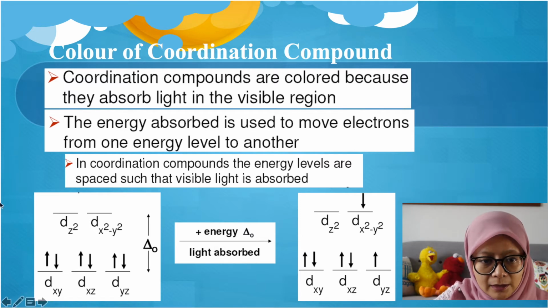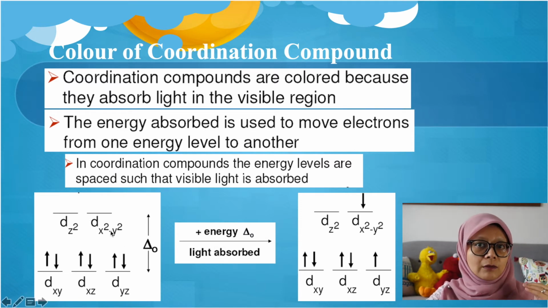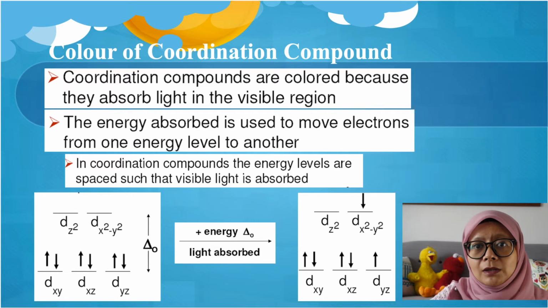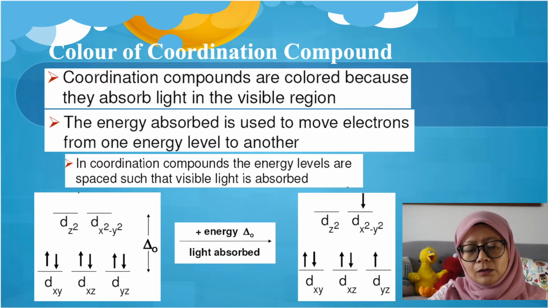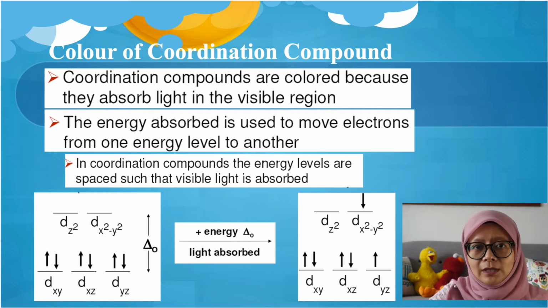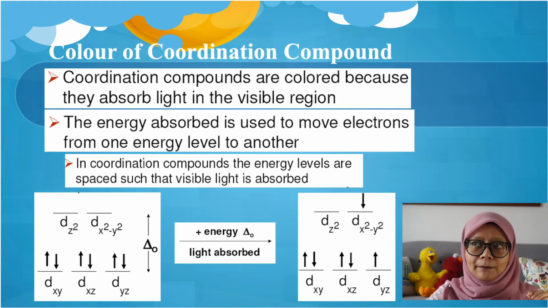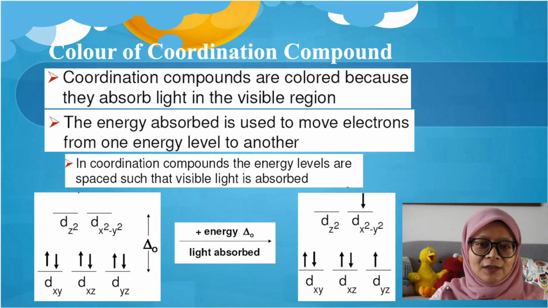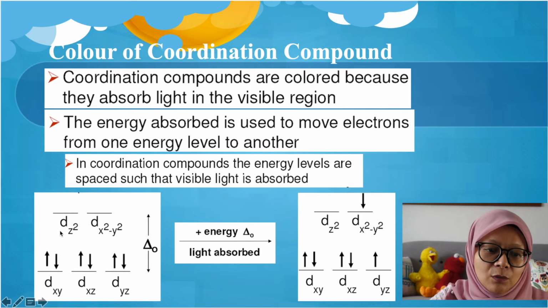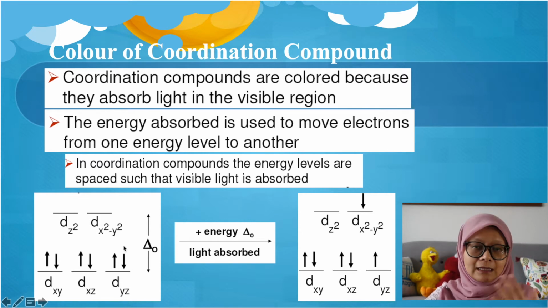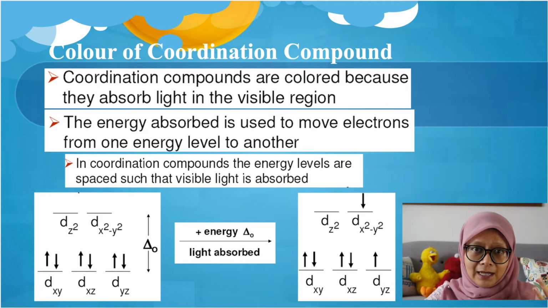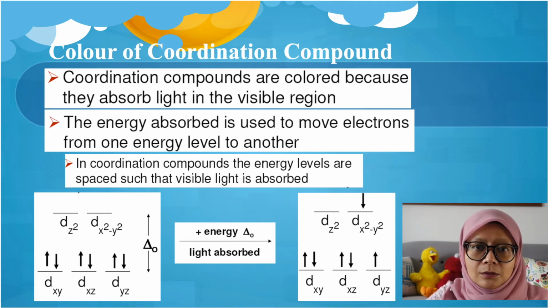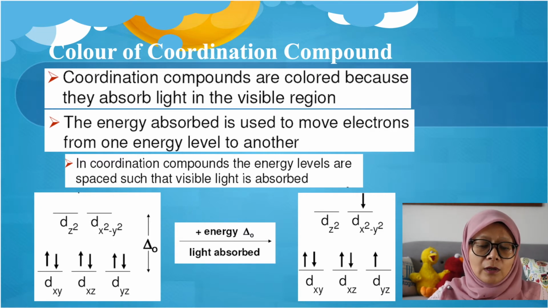Usually we dissolve this compound in solvent, and then we run it using a UV spectrometer. Because we pass light through, the coordination compound absorbs the light and starts to excite the electron because we have lots of energy.